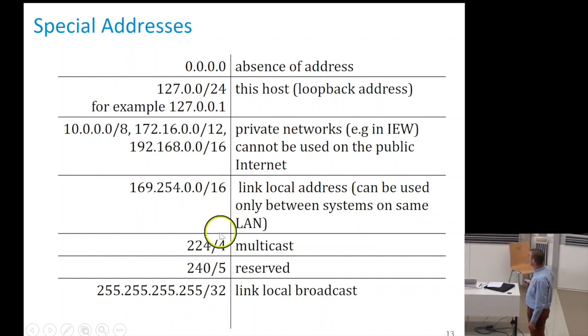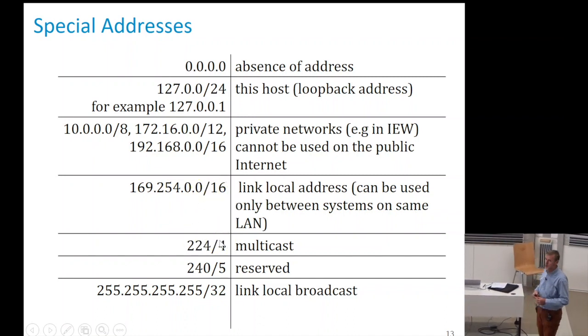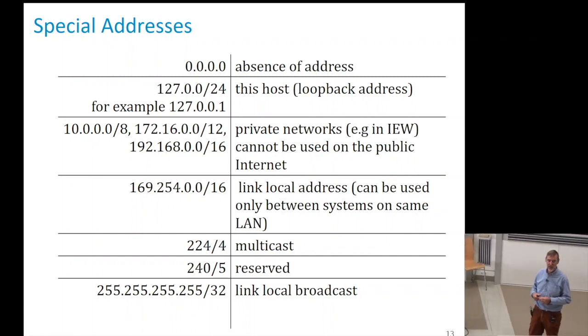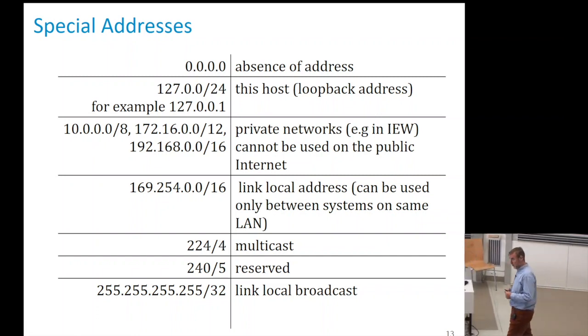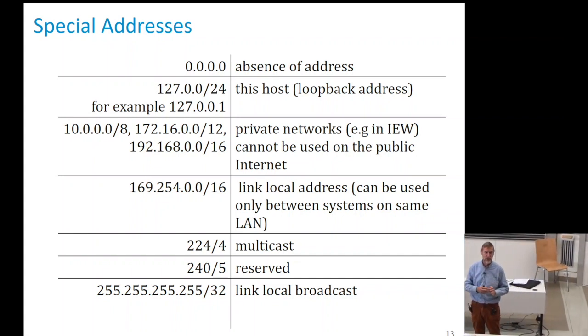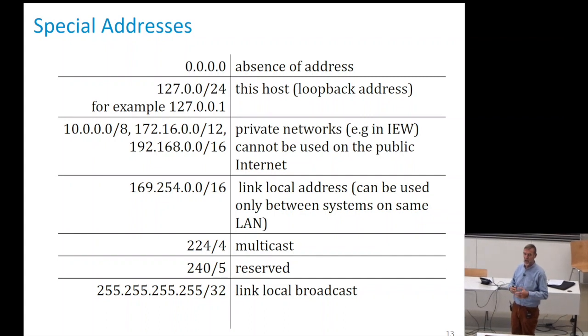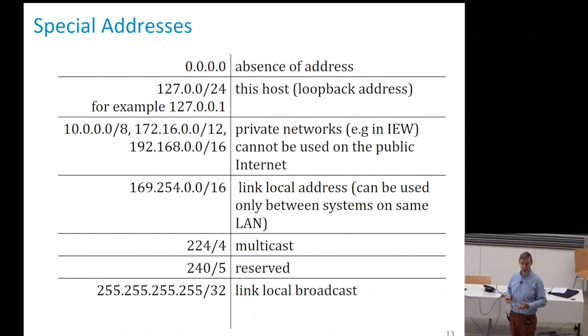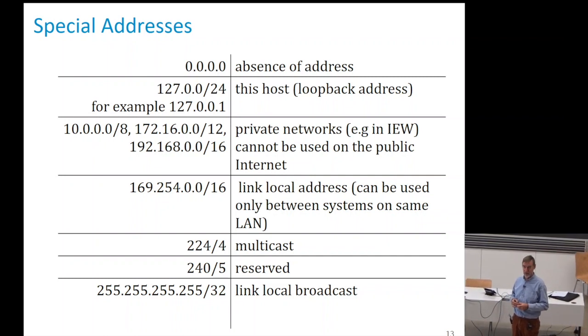Then there are specific addresses. There is a block from 224 up to 239, which is used for what is called multicast. Multicast is a completely different story. Multicast addresses are very different from other IP addresses in the sense that they are not the address of one interface. They are logical addresses. They are group addresses.